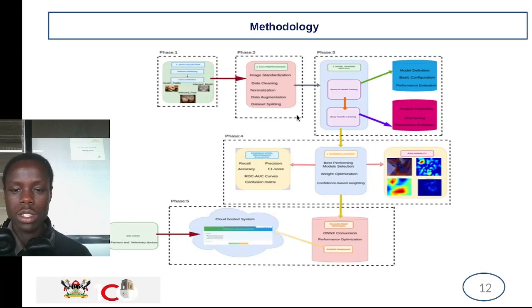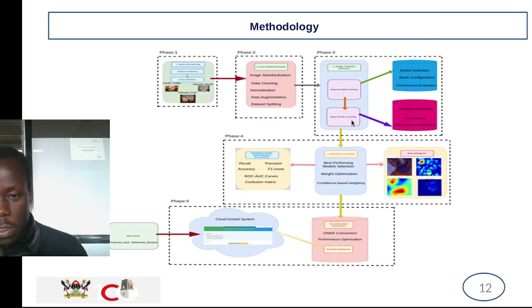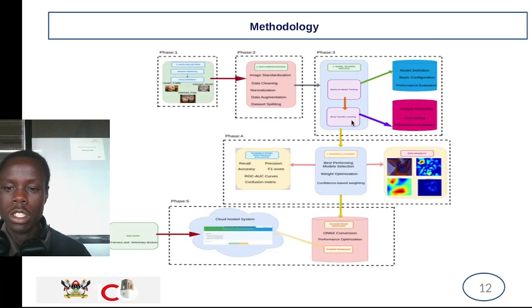Then what we decided to do is to apply deep transfer learning to help us improve the models' performance, as you can see here. For deep transfer learning, we carried it out in two phases as well. First of all, we did feature extraction. This is whereby we froze all the layers of these models and only left the classification layer, then trained the models to help the classification layer adapt, gain weights, and adapt to our dataset.